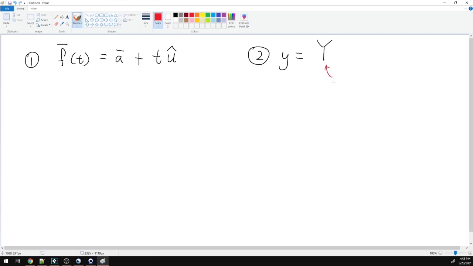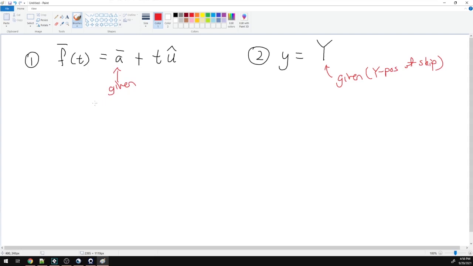By that, I mean that the user, the coder, I suppose, will be providing the value. This is the y position of the ship.